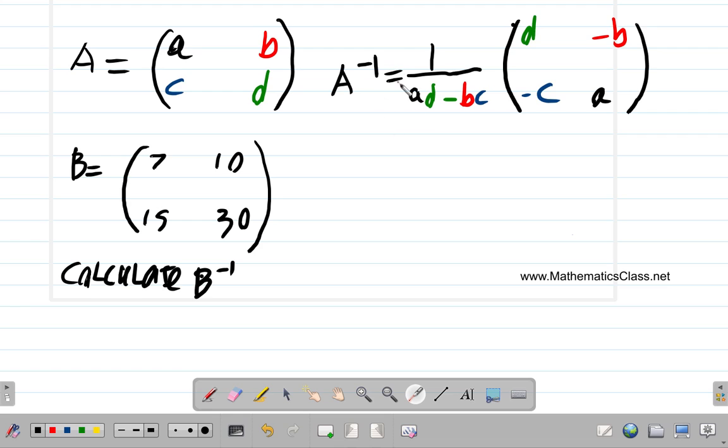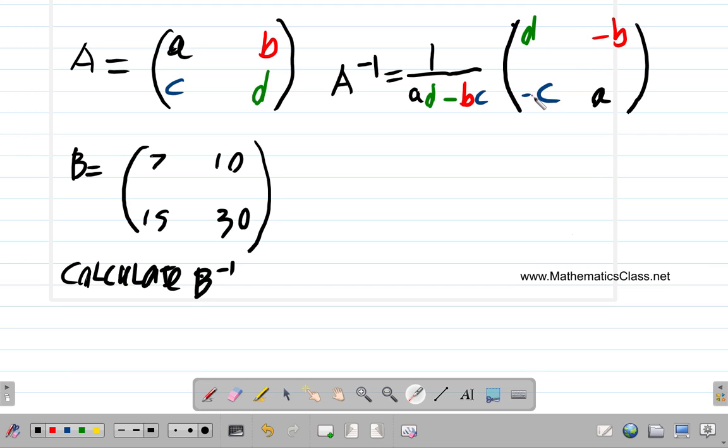The inverse is 1 divided by the determinant multiplied by the adjoint: interchange the leading diagonal elements, D comes up here, A comes down here, and change the sign of the non-leading diagonal elements, or multiply them by -1.